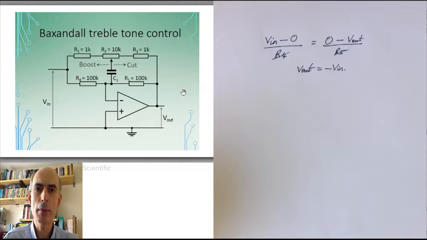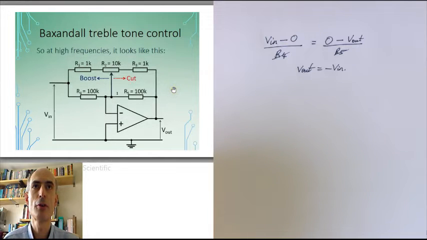Now, what about at high frequencies? Well, at very high frequencies, we can make exactly the opposite assumption about the capacitor. We can assume that the impedance of the capacitor is so small that it effectively behaves like a wire. Its impedance is negligible compared to the other impedances in the circuit. And if I make that assumption, then the circuit simplifies to this.